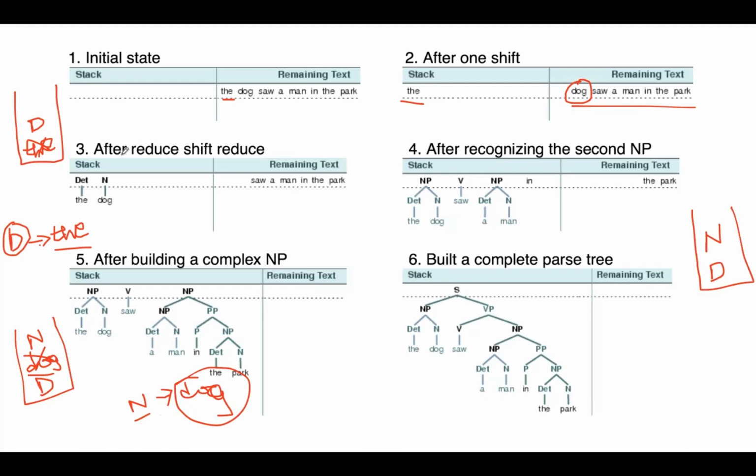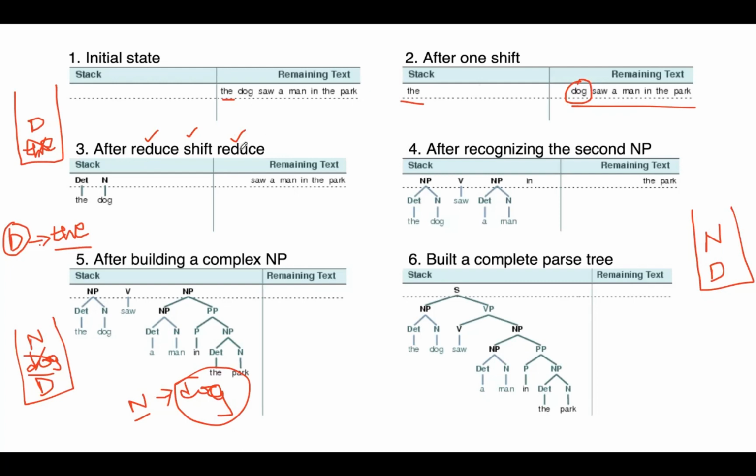So you can see: first shift, first reduce, second shift, second reduce. After one shift, the stack contains the; after reduce, it contains determiner; after shift, it contains dog; after reduce, it contains noun.